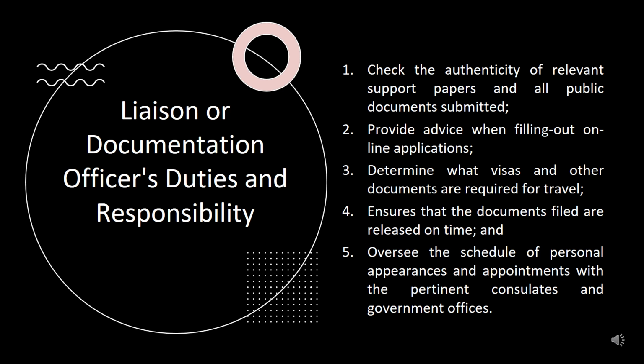Check the authenticity of relevant support papers and all public documents submitted. Provide advice when filling out online applications. Determine what visas and other documents are required for travel. Ensure that the documents filed are released on time. And oversee the schedule of personal appearances and appointments with the pertinent consulates and government offices.